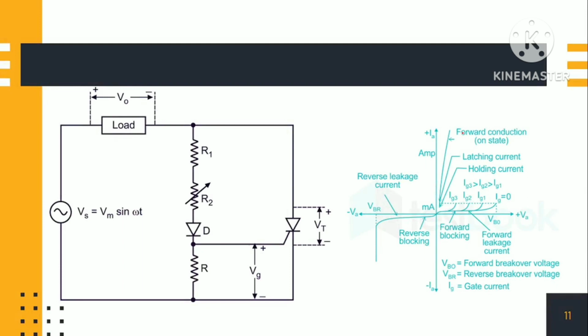And also, if I keep on increasing the supply voltage beyond the breakover voltage, the SCR turns on. But when we have the gate terminal, the gate supply, and we keep increasing the voltage or current to this terminal, the SCR also gets turned on.